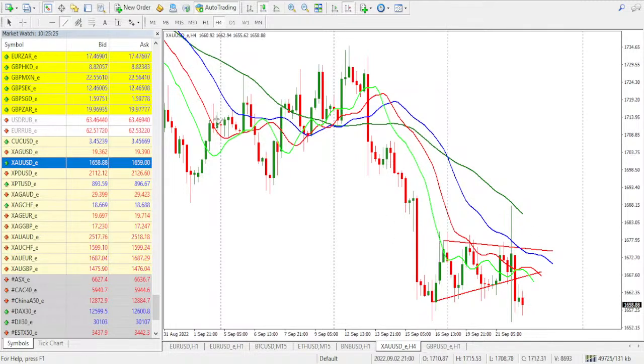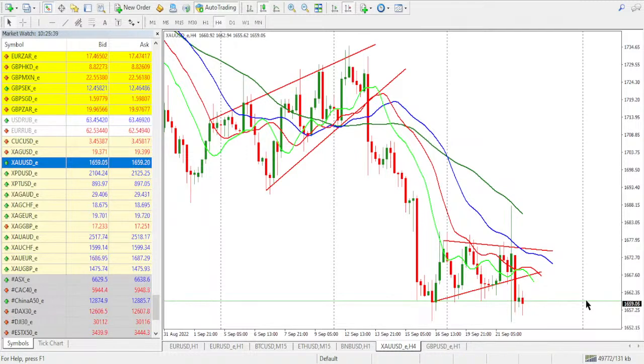There is another shape at the top. Now that the price is below this point, I want to see a clear breakout. We want to see a break below 1659.97 to mean that we're continuing to the losses. So if the price breaks below this point and ends up below this level, expect it to continue to the lower side.